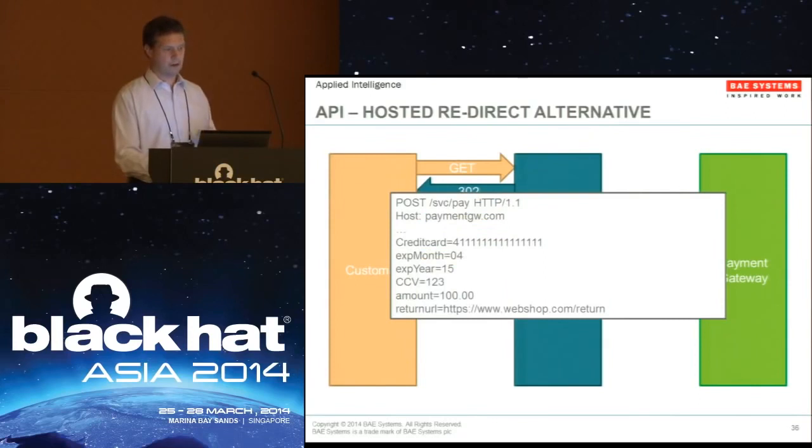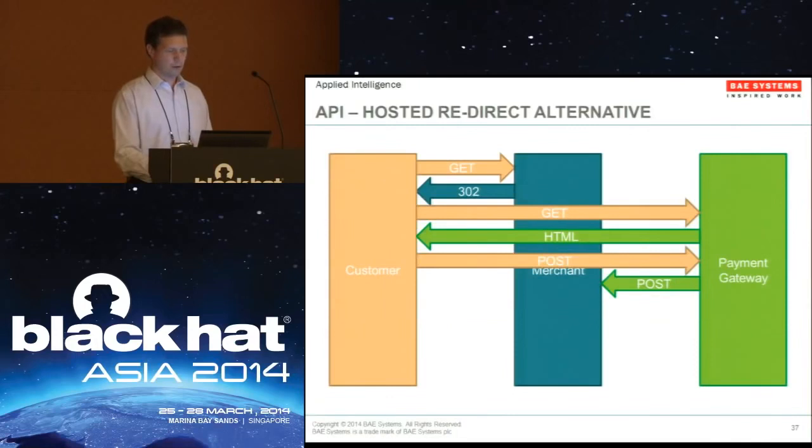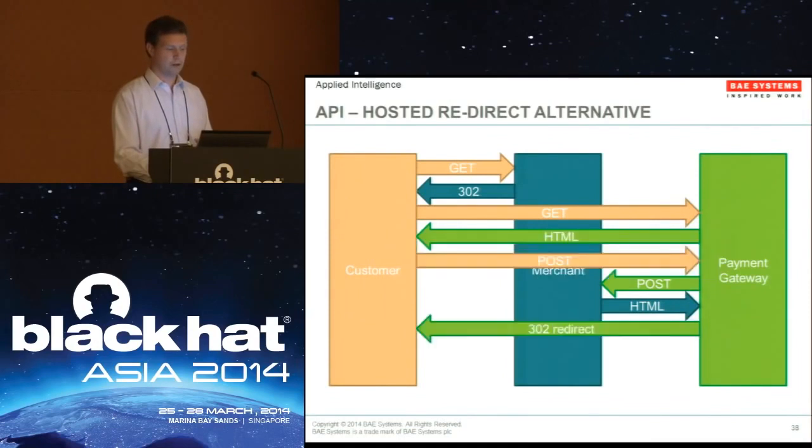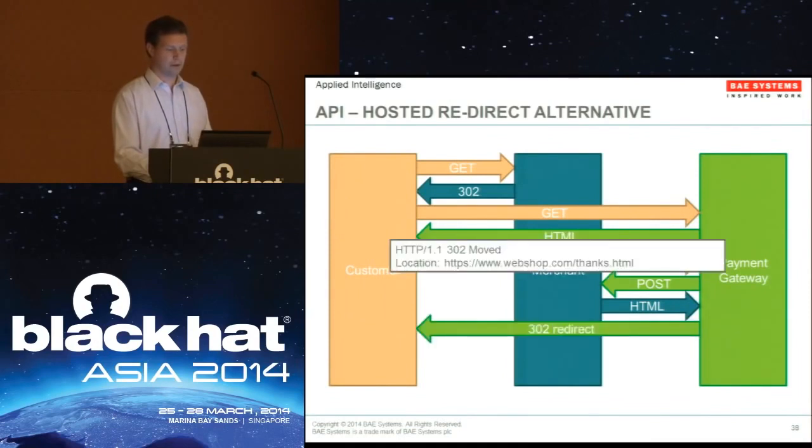But instead of the payment gateway redirecting you back to the merchant with the details, it makes a post request directly to a hidden URL that supposedly only the merchant and the payment gateway know. So that'll make the post request there. The merchant then knows, okay, payment has been received.